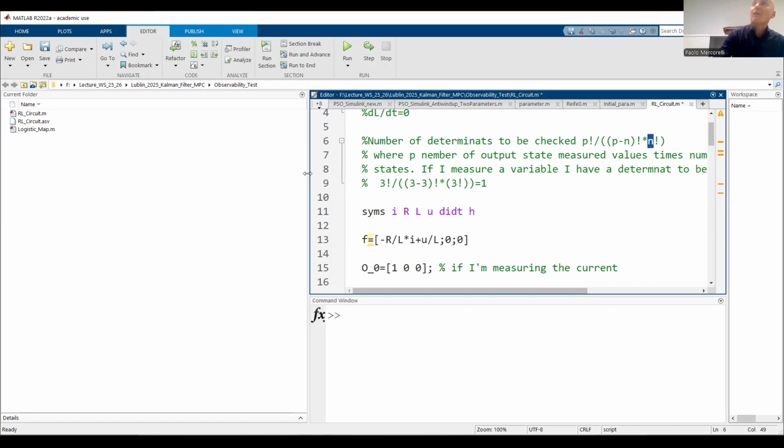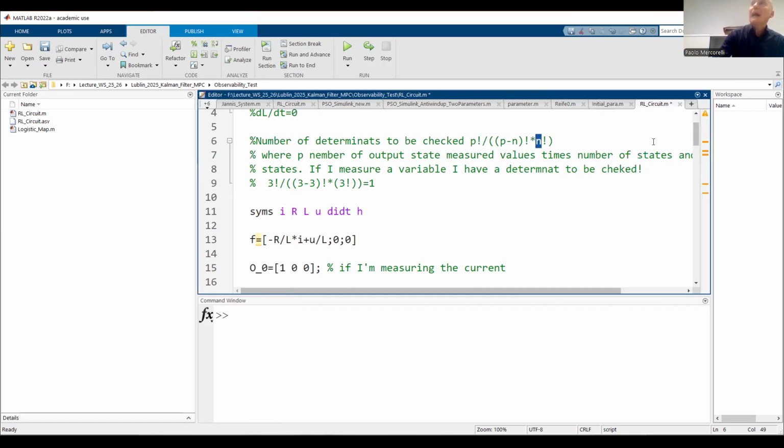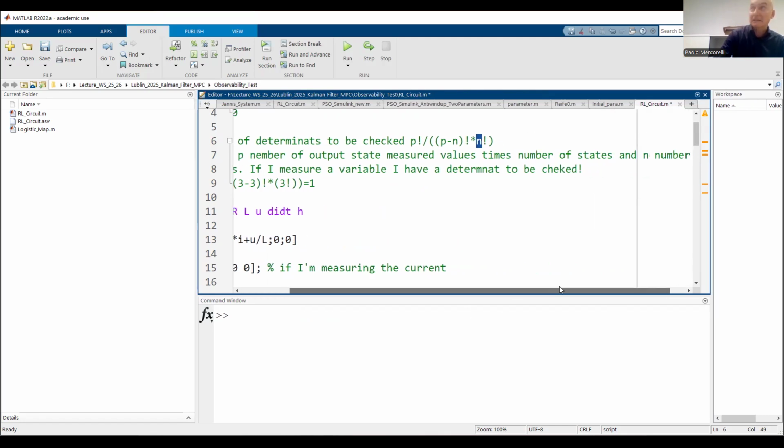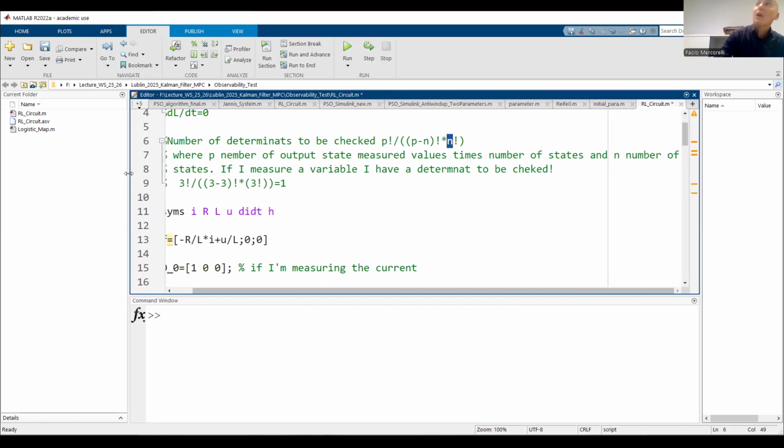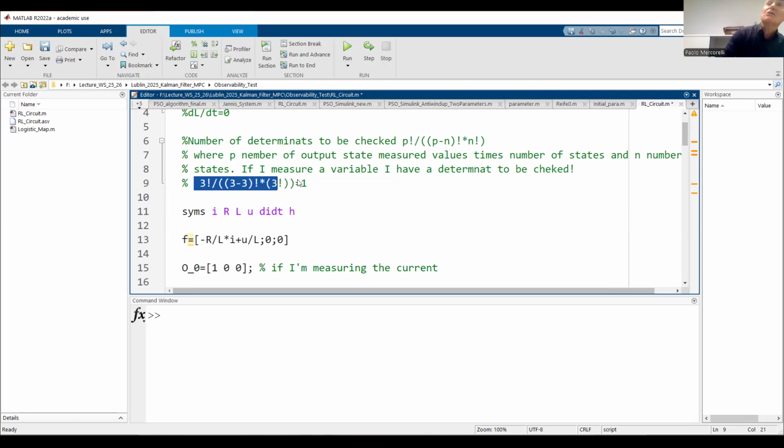P is the number of measured states multiplied by the number of states itself. Excuse me, it's a little bit too small. Now it could be visible. Of course, it's just one determinant to be checked in case the measured state is 1. It is written also here. Because in this case, this calculation is 1.